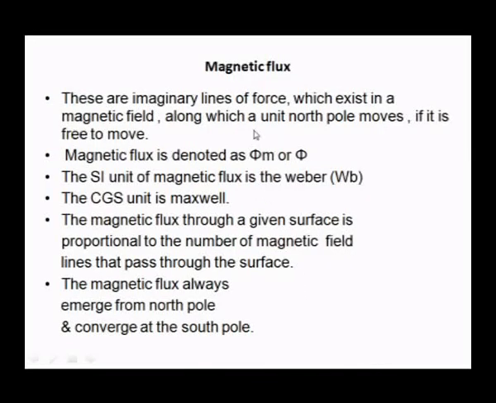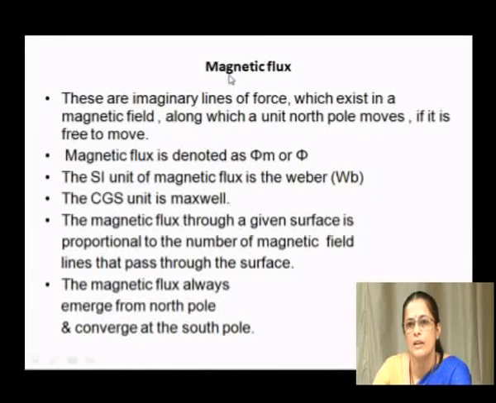Now, let us see the definition of magnetic flux. Magnetic flux: these are imaginary lines of force which exist in a magnetic field along which a unit north pole moves if it is free to move.